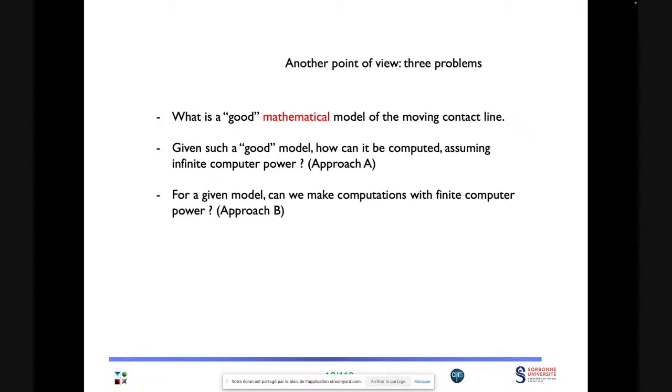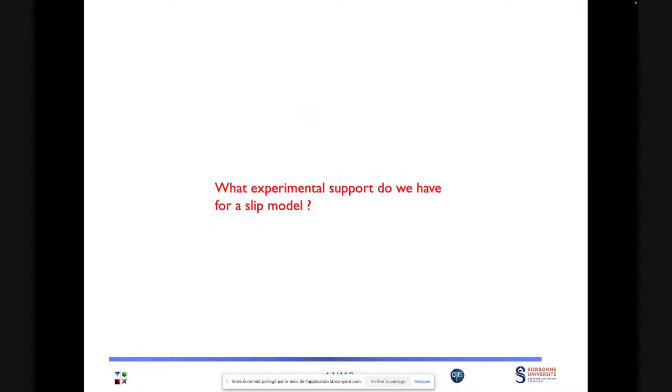Now, of course, that is very exciting for those of us who like big computations. And then once you have a given model, can we make computations assuming this model with finite computer power? So that's the second approach. I think that not even the first problem is completely solved, and I will explain a little bit why.